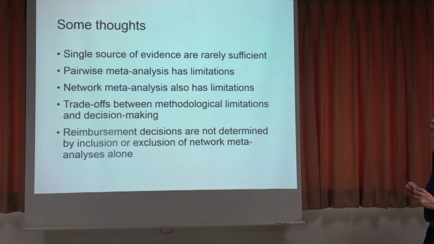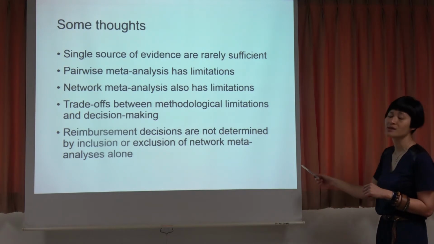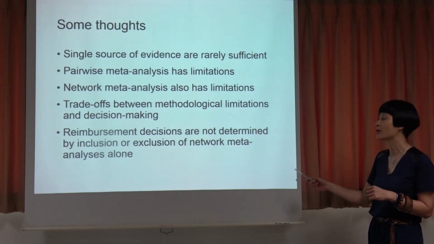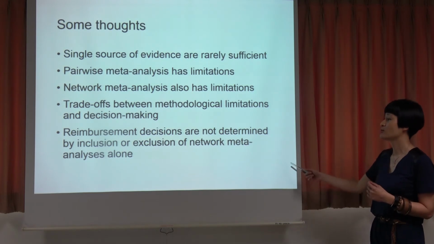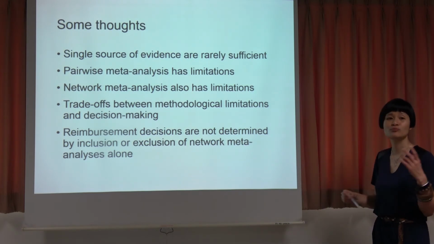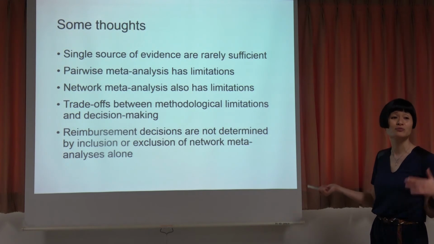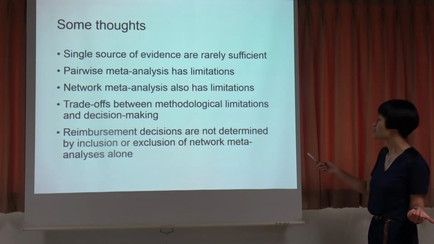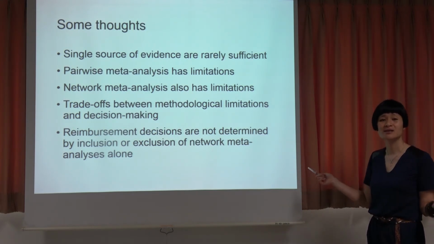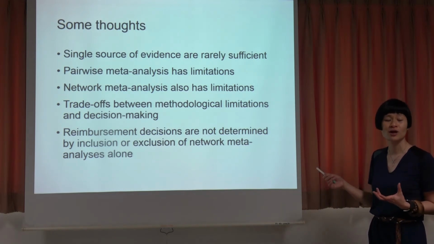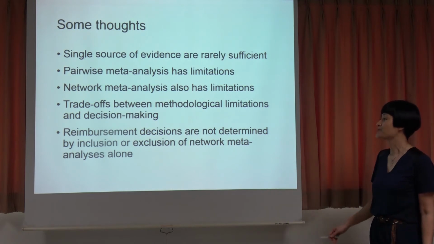Reimbursement decisions are not determined by the inclusion or exclusion of network meta-analysis alone, as we can see. It's about the quality of these network meta-analyses. We know that most of the time it's about the price, it's about the evidence they present us, how they estimate the treatment effect, whether they included all studies or not, how they estimate costs.